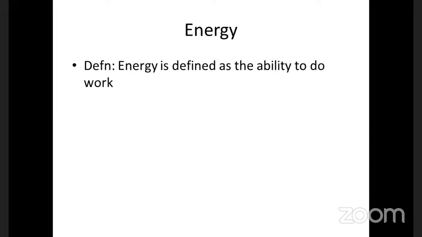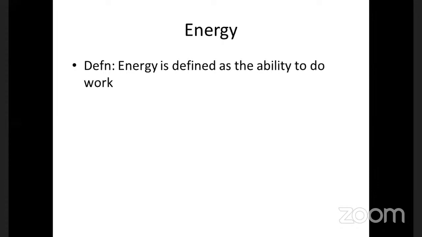So what was the SI unit of work as we looked at? Hope, what do you say?